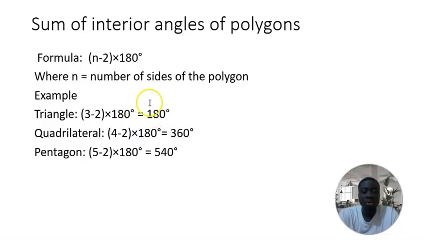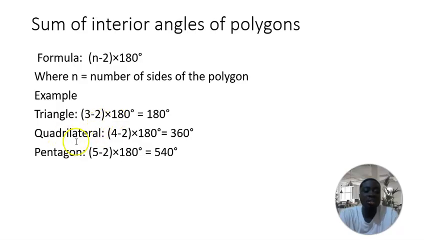It is 180 because we are going by this formula, and the polygon we are talking about is a triangle, which has 3 sides. So n is 3. You take 2 from 3, which is 1, multiply by 180, and you get 180 degrees. That tells us the sum of interior angles of a triangle is 180 degrees.